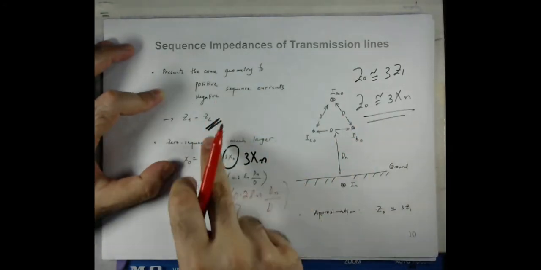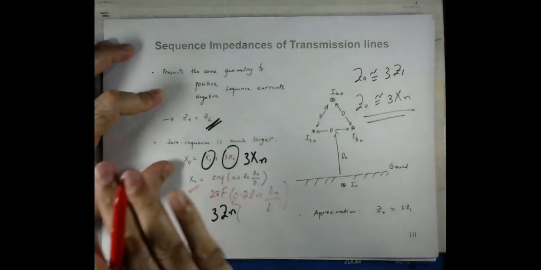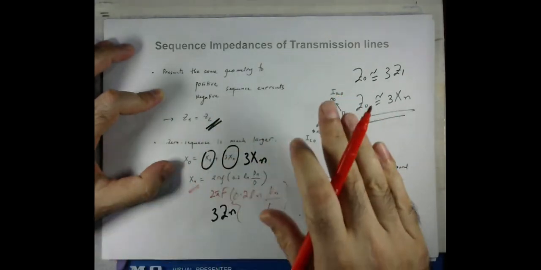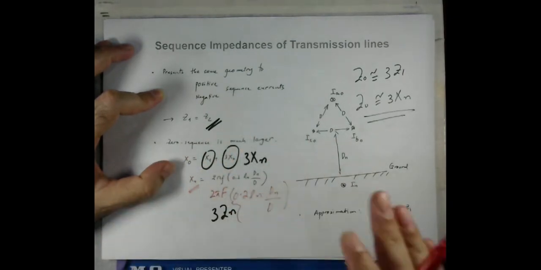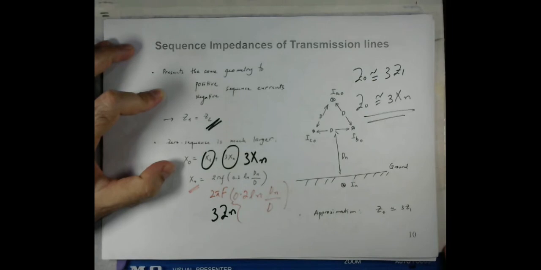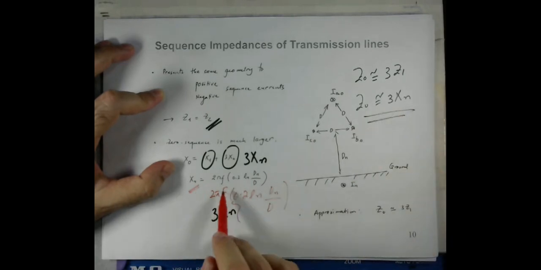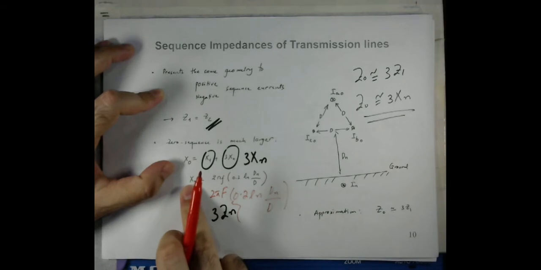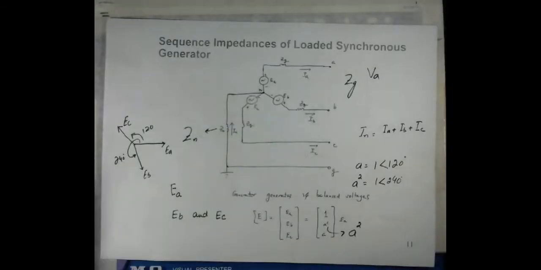So z1 and z2 are equal because the geometry offers the same impedance to the positive and negative sequence currents. But in the case of the zero sequence current, where impedance to the ground is also involved, it is approximately equal to 3xn, and with the help of this equation, the inductive reactance to the ground can be calculated.